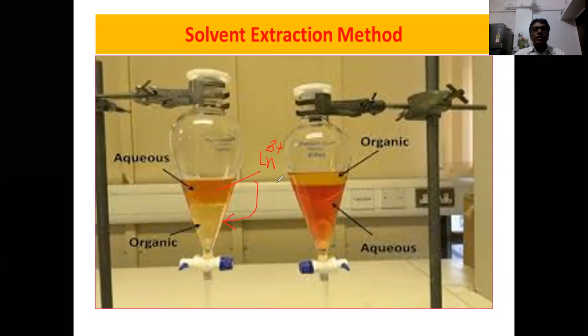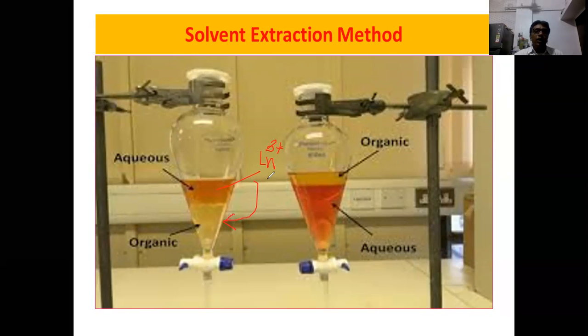Now we know that there are 15 lanthanone ions. All the lanthanone ions cannot be extracted simultaneously. One by one they are extracted from the aqueous phase into the organic phase. It depends upon the ionic size of the lanthanone ions.